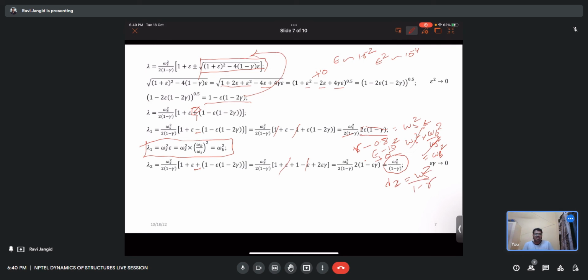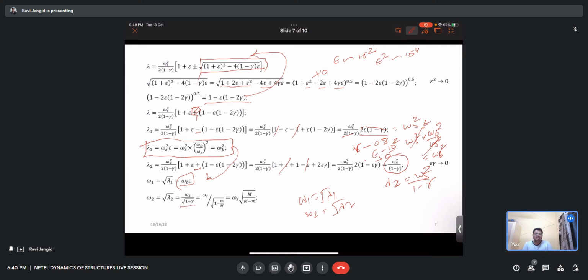So I can write my ω1, which is the square root of λ1, and ω2, which is the square root of λ2. My ω1 is the square root of λ1, which is coming out to be ωb from this equation. And ω2, the square root of λ2, is coming out from this equation as ωs divided by the square root of (1 − γ).